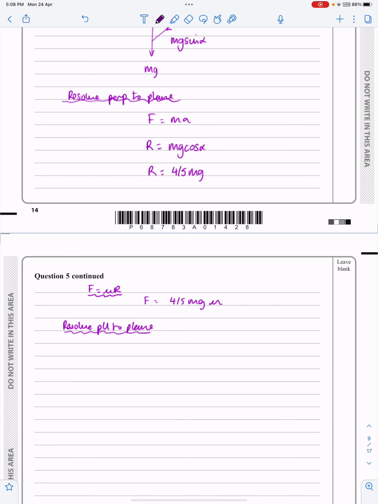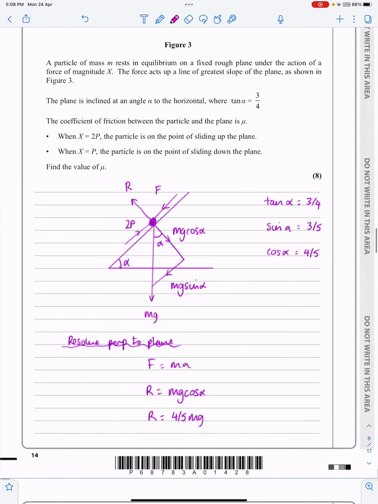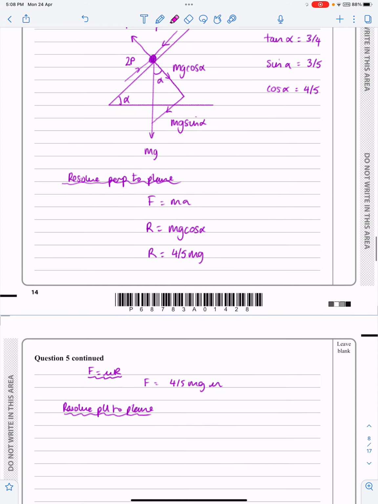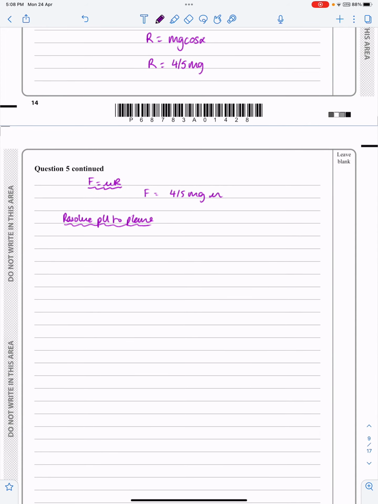So go back and have a quick look. Obviously, I can't leave these on the diagram, but those are the forces I've got. The F and the mg sine alpha are acting against the 2p there. So I'm going to say F equals ma, which is F plus mg sine alpha is equal to 2p.